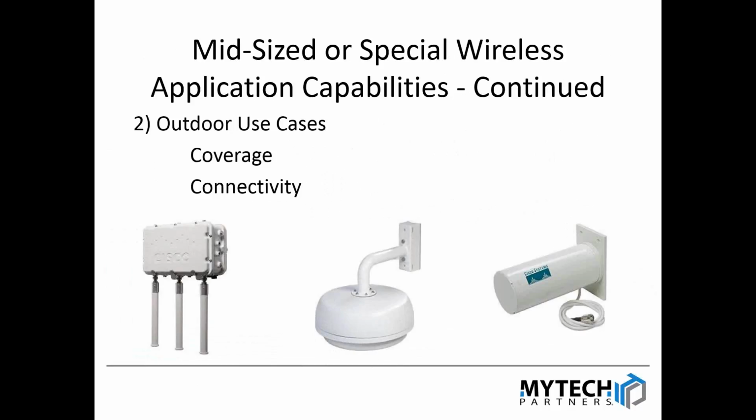So that's another example of where we can have an apparent issue where we have 5 bars on our device, but we're not connecting to the network.